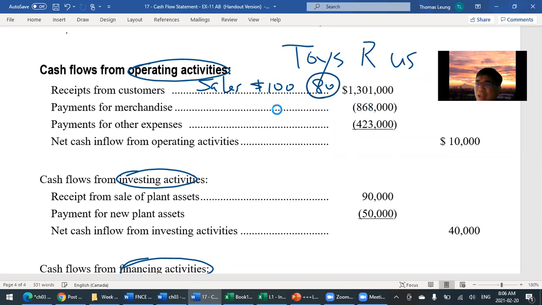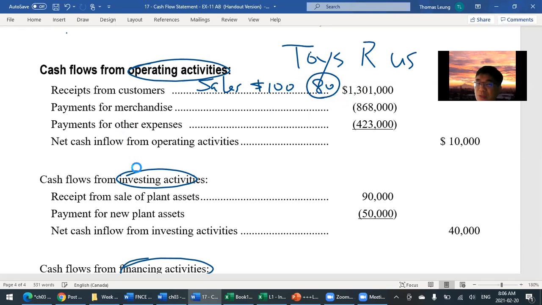Why? You actually sold $100 of products, but you received only $80 because some of those customers still haven't paid you yet. They owe you that money. It's not unusual to have customers who owe you money, right? So the number on the income statement could be, and very often is, not the same as the number here, because the number here tells you exactly how much you received from the customers.